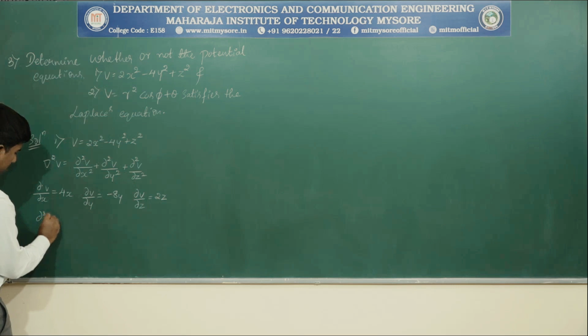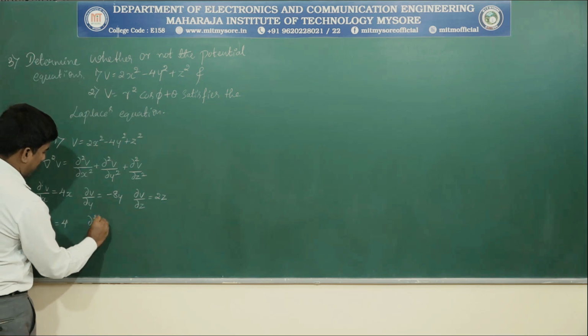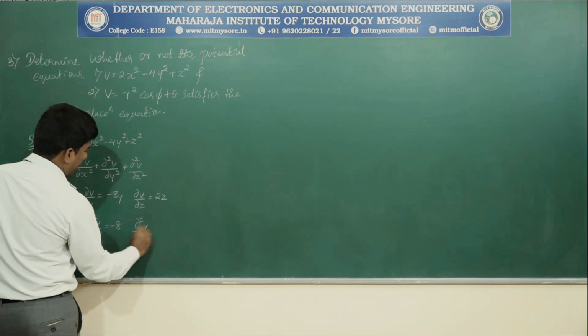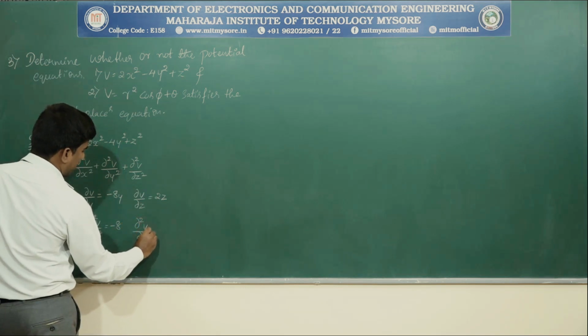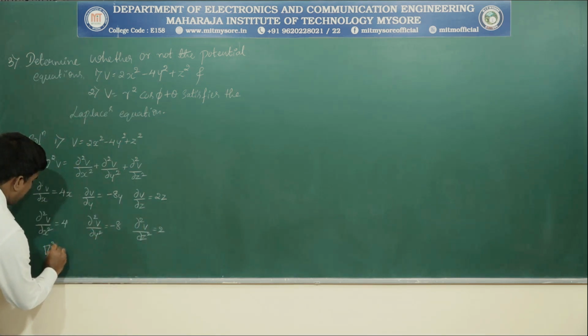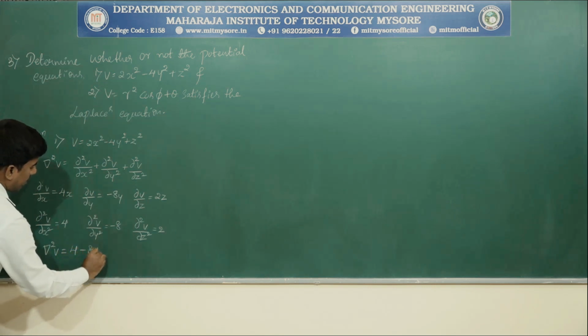Dou square V by dou x square is equal to 4. Dou square V by dou y square is equal to minus 8. Dou square V by dou z square is equal to 2. Therefore, gradient square V is equal to 4 minus 8 plus 2.